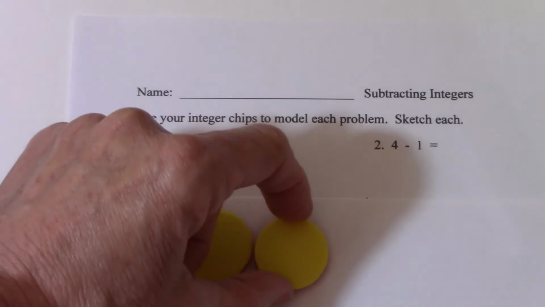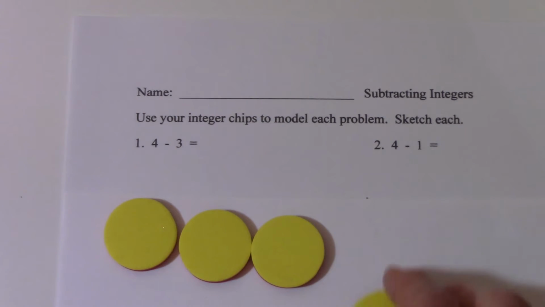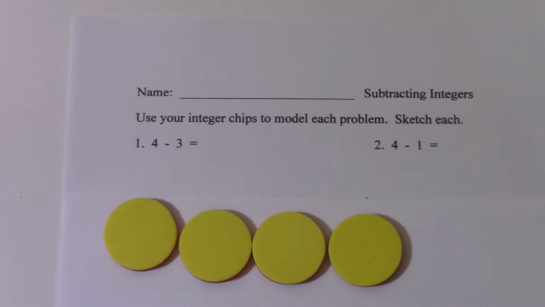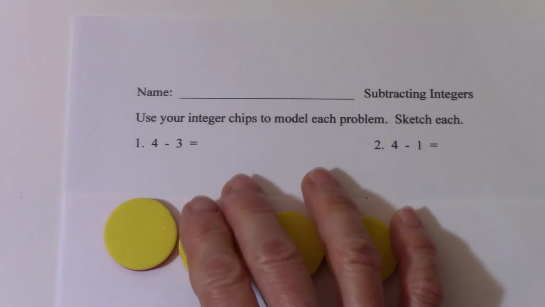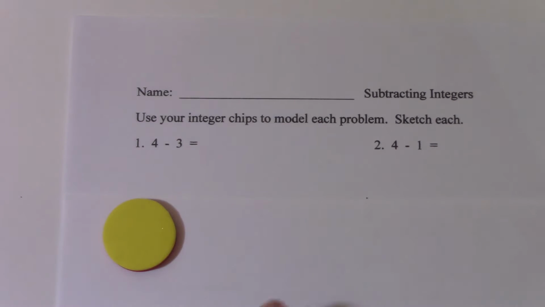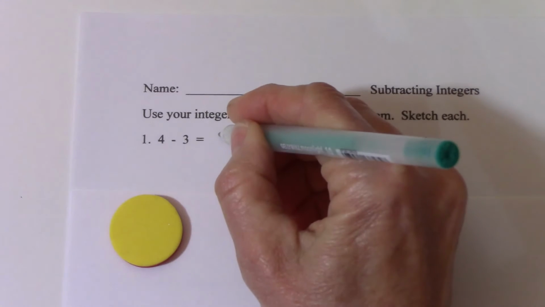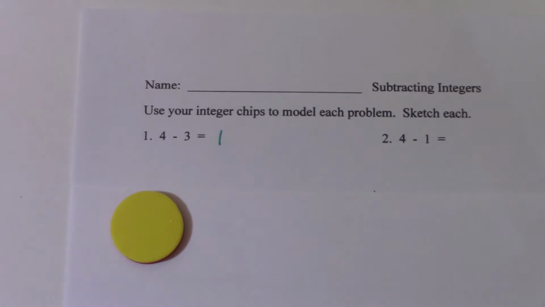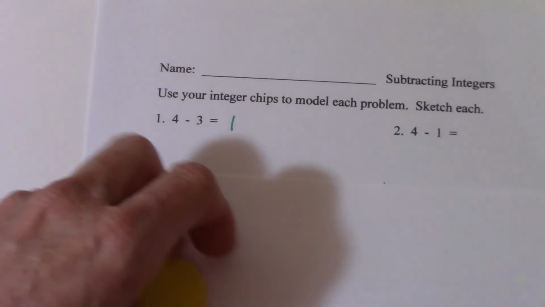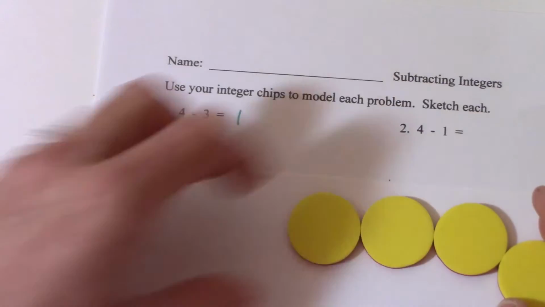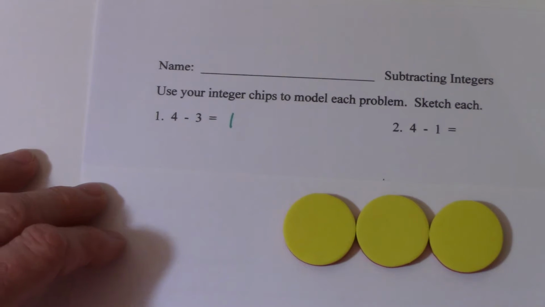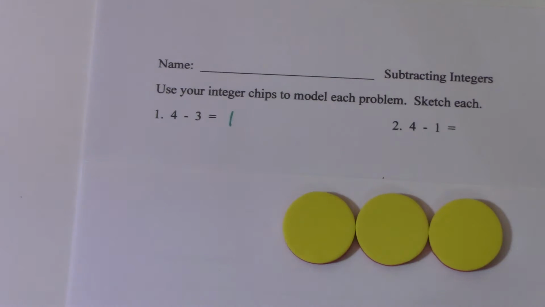and we're going to use the interpretation of -3 as take away 3, we'll just take them away, and it leaves us with 1. The next one, we have 4, and we take away 1, and we're left with 3.